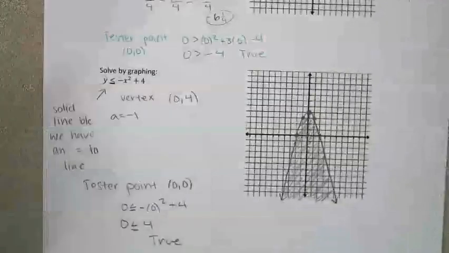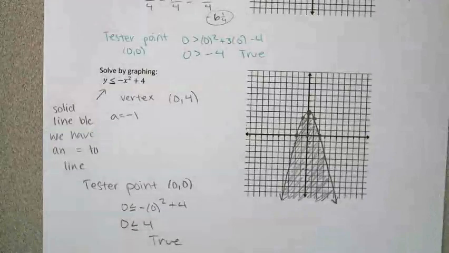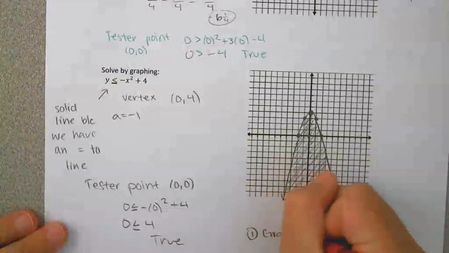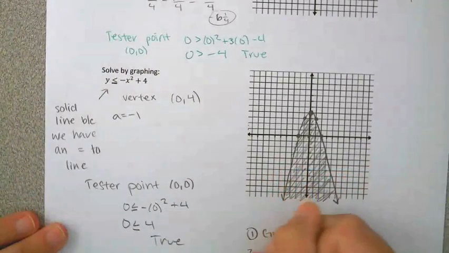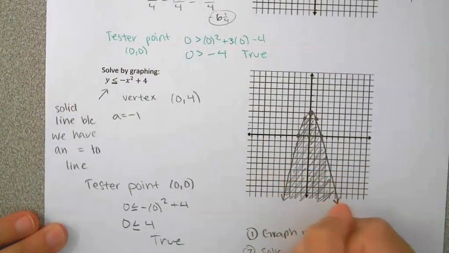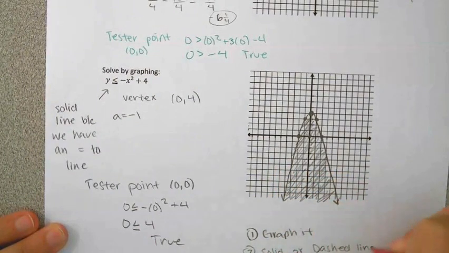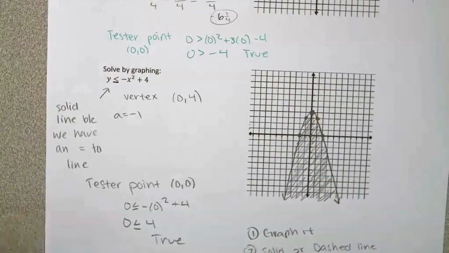So I just want to run through your steps to graphing a quadratic inequality. Step 1 is graph it. Pick solid or dashed line, depending on if it's an equal to or not equal to inequality.